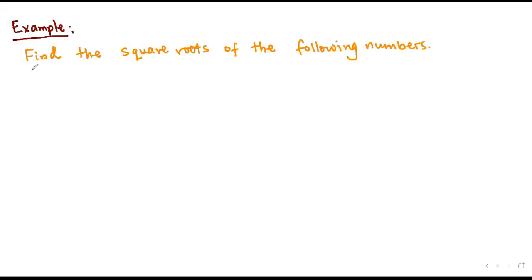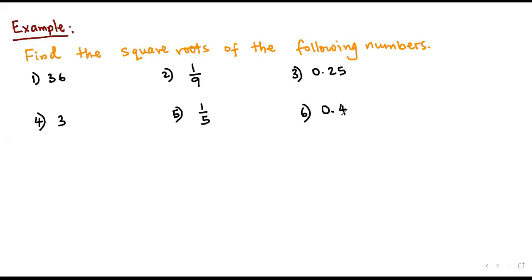Okay, so let's have number 1 as 36. We have number 2 as 1 out of 9. We have number 3 as 0.25. Number 4 as 3. Number 5 as 1 out of 5. And number 6 as 0.4.